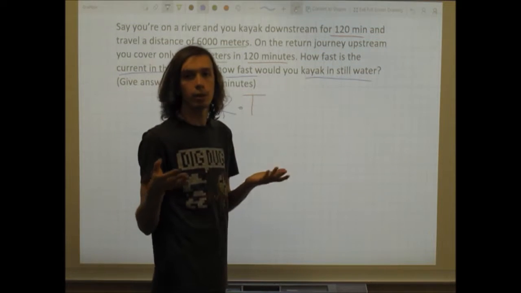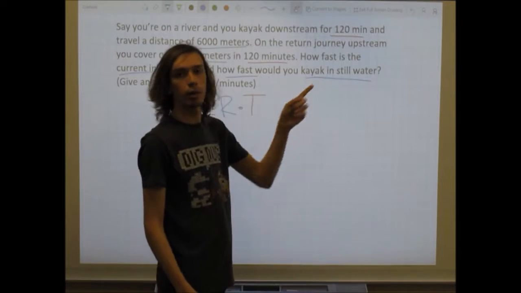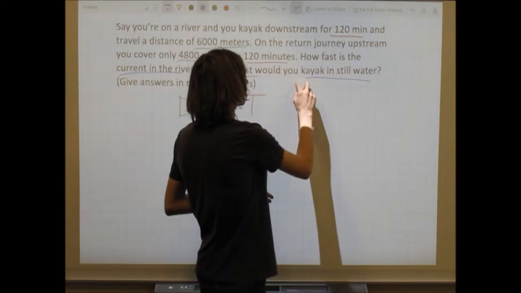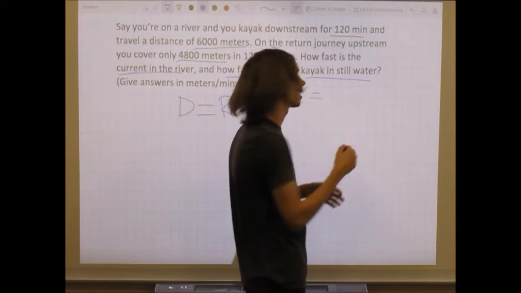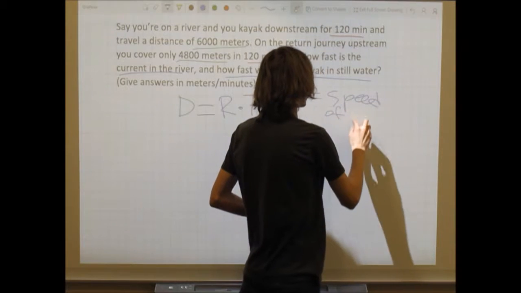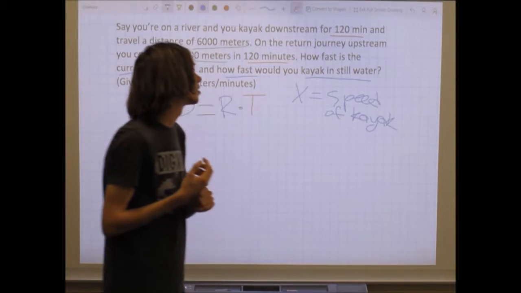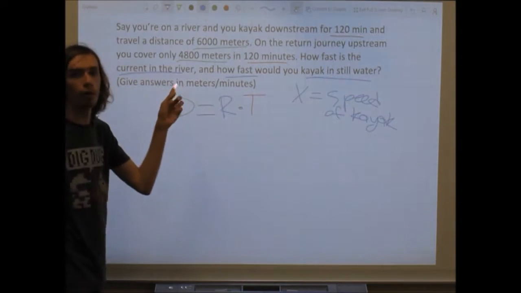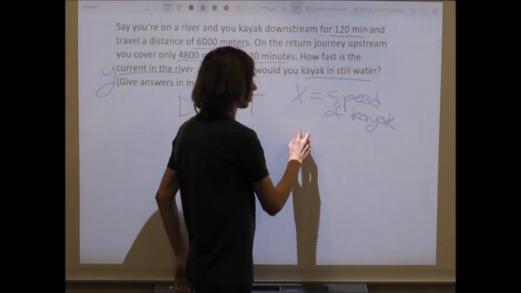So let's go ahead and give those values variables from the start. Kayaking in still water, we'll call that x. So we'll say x equals the speed of the kayak. And for the speed of the current in the river, we'll call that y. I'll write it over here also.